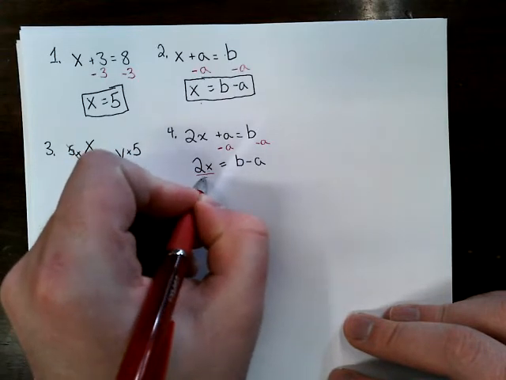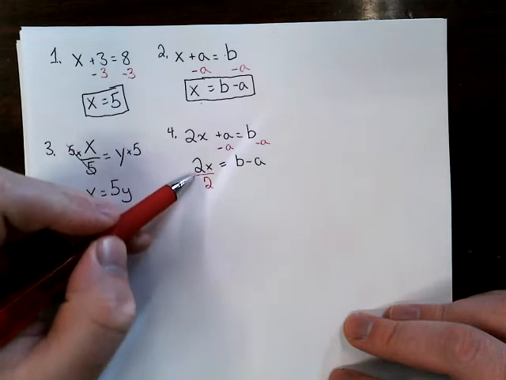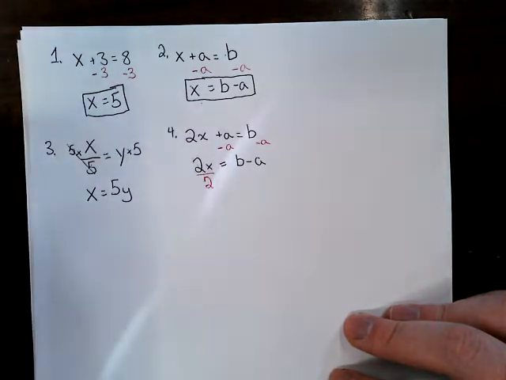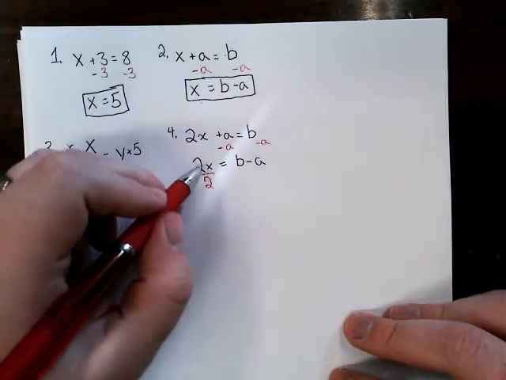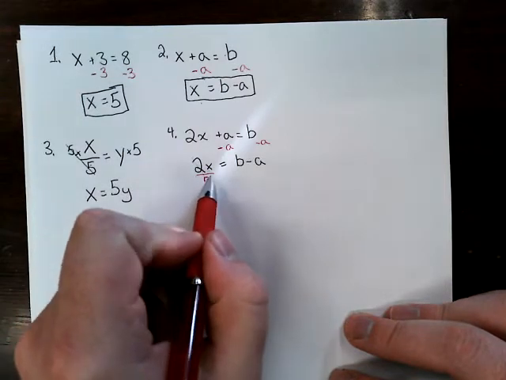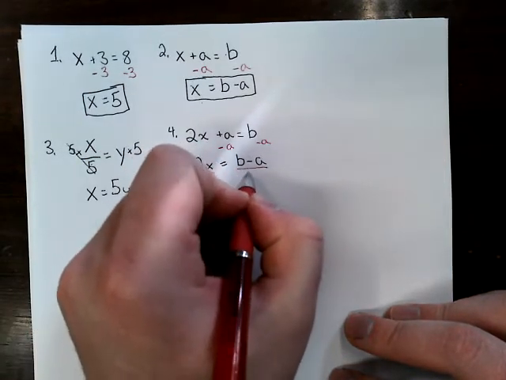And very commonly, we show division using a fraction, right? 2 divided by 2. Again, this will just cancel out, giving us 1, 1x, which is what we're trying to solve for. If I divide this side by 2, I have to divide this entire side by 2.